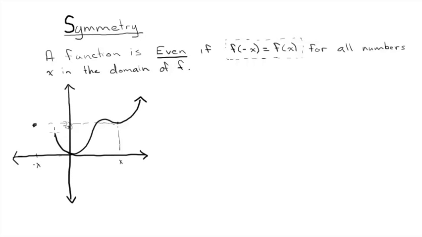Let me do my best to draw this. That's not exactly symmetric looking, but basically this side should look the exact same as this side. That's what we mean by an even function. It's symmetric about this line here. We get a mirror image.